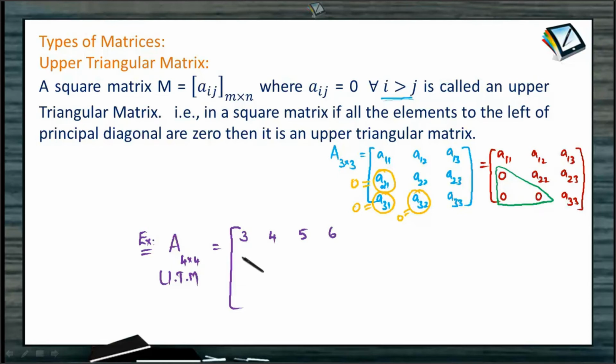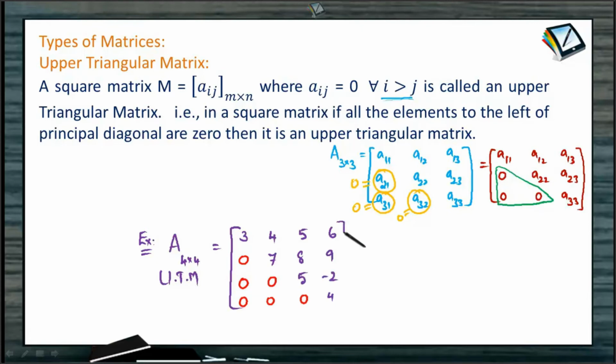Yes, it would be A21, second row, first column, where the row number is more than the column number. Therefore, this entry must be 0. Now from here onwards, if you look at A22, non-zero. Again, here the entry would be A31. 3 is the row number and 1 is the column number. Therefore, this element is 0. Here also the element is A32, where 3 is the row number and 2 is the column number.